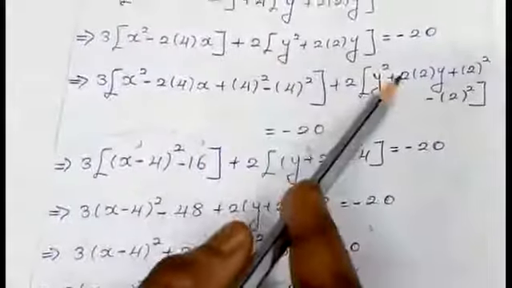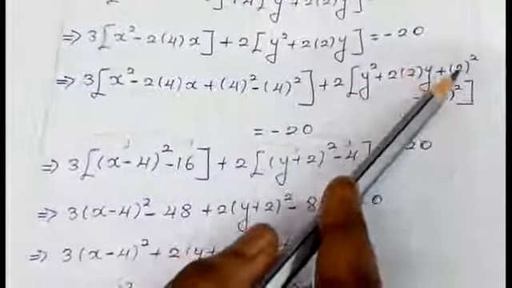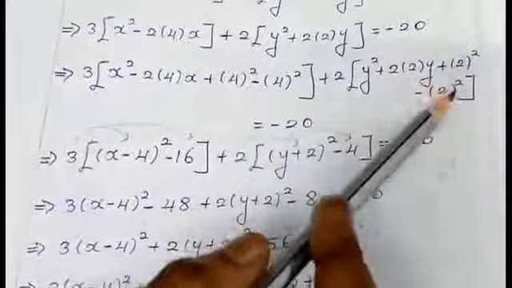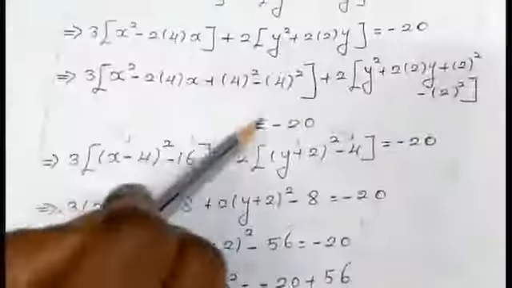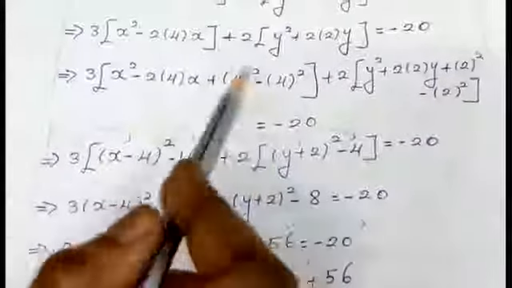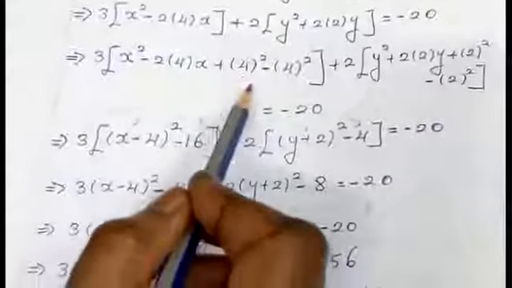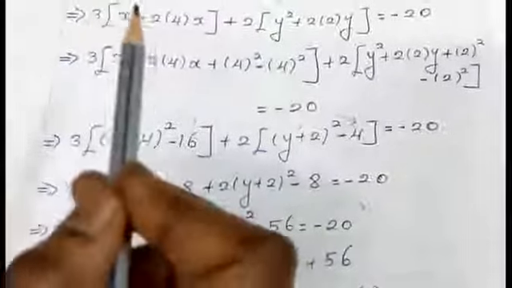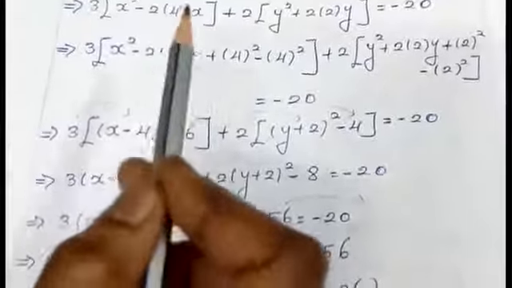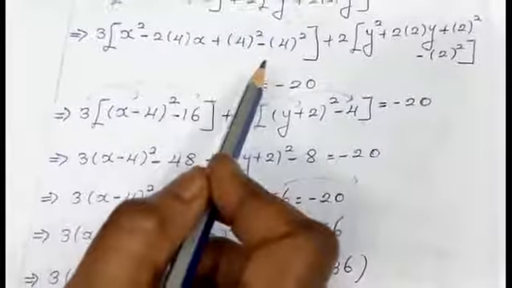Similarly, write these values inside the bracket, plus 2 square minus 2 square, add and subtract, equal to minus 20. You may have a doubt, what is the purpose of doing this? To identify whether the equation is going to be a hyperbola or an ellipse, we are doing this calculation.